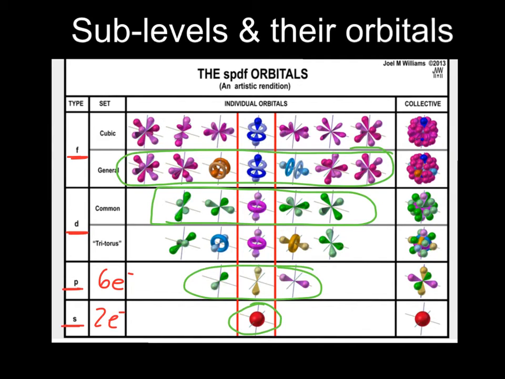Again, I have a table on the next slide for this. The D sublevel has 5 different orbitals, each holding 2. That's 10 electrons maximum. The F sublevel has 7 orbitals with really crazy shapes here. 7 times 2 electrons in each is 14 electrons total.